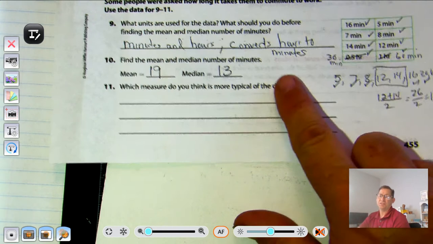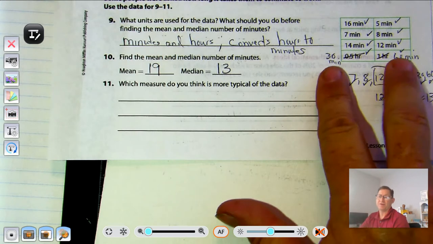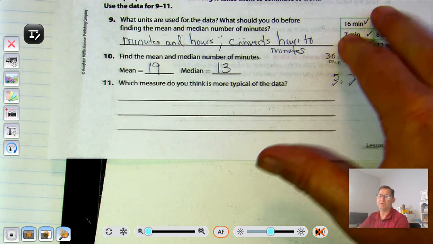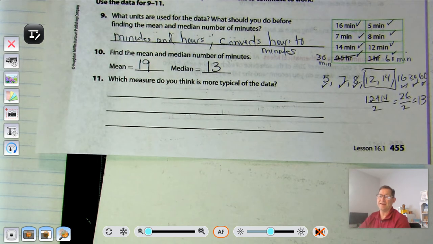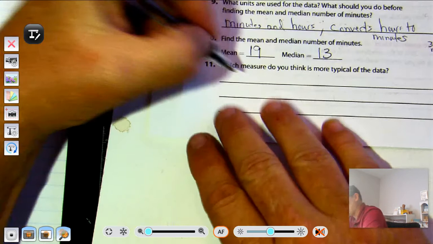So I would suggest using the median in this case, because by using the median, you eliminate those 2 really high numbers as well as the 2 really low numbers. So most of the data is about 13.